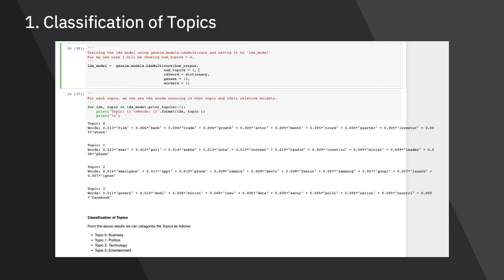Classification of topics. This code snippet shows how the LDA model eventually classified the data into 4 topics, and for each topic we can see the words occurring in that topic and their relative weights. I've given the number of topics as 4, since I knew that these were the 4 main classes of data being fed into it.